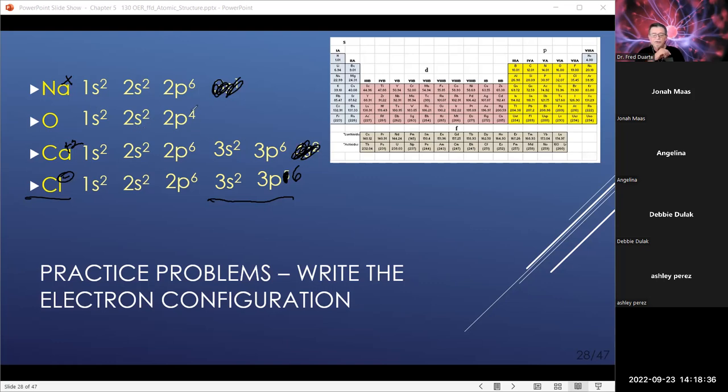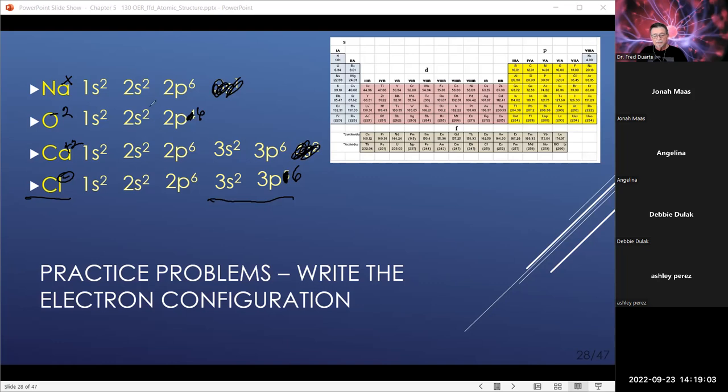Specifically, it's going to gain 2 because it has room for 2, so that 2p4 becomes 2p6, because it can pick up 2 electrons and fill that up. And now by picking up 2 electrons, it has a net -2, oxygen does.